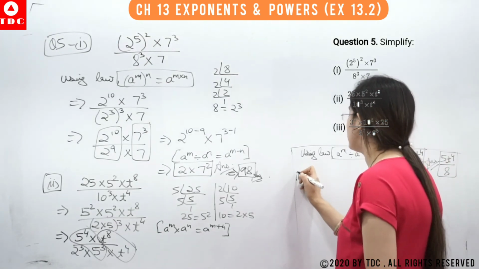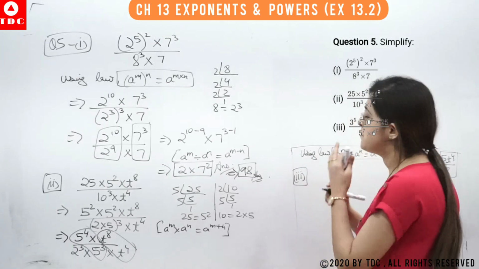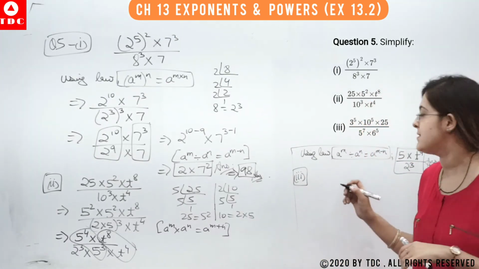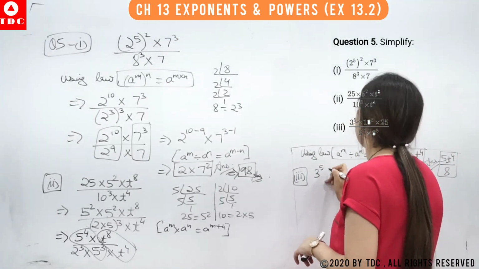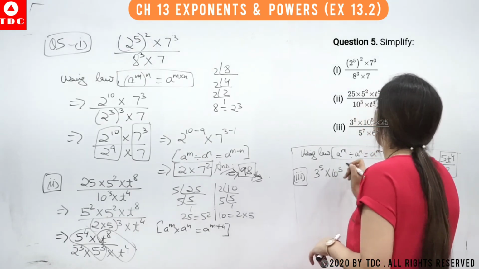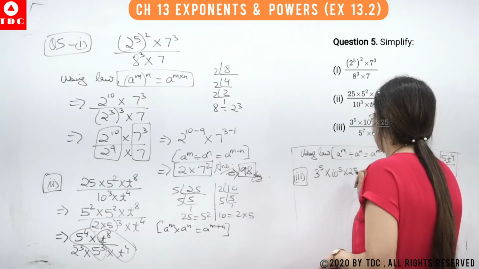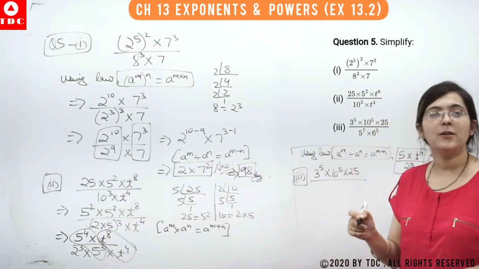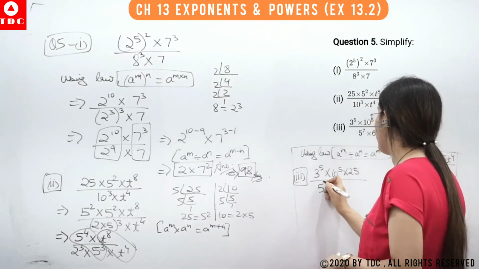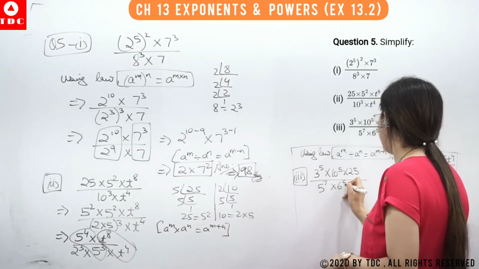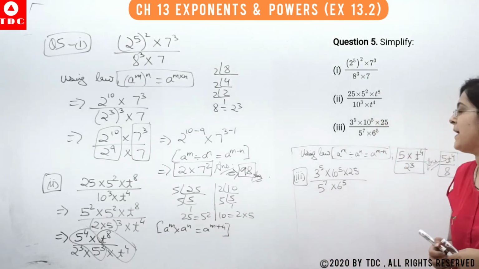Now see the last one. The last part, students, that is given is 3 to the power 5 into 10 to the power 5 into 25 upon 5 to the power 7 into 6 to the power 5. So what will be our first step?